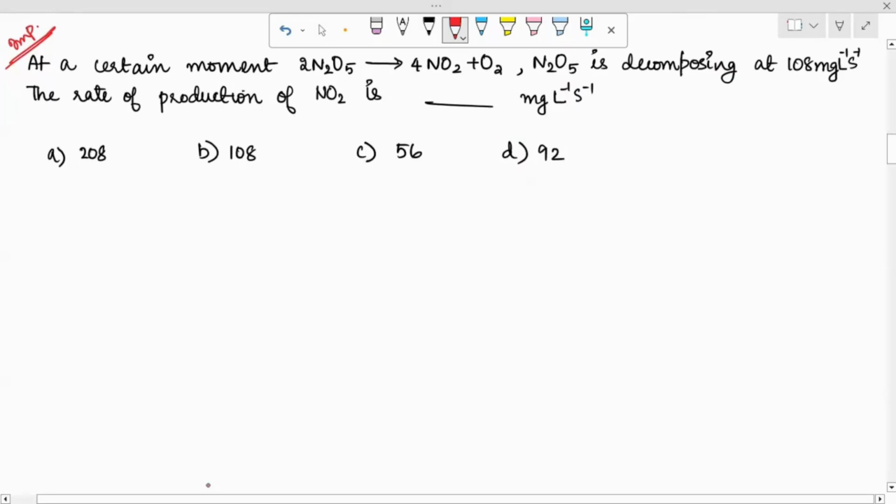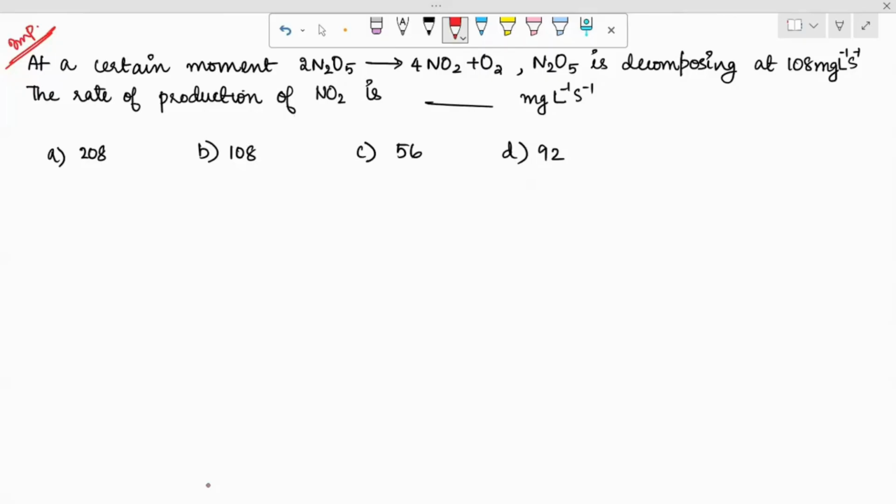Okay, so let's see. A certain amount of 2N2O5 gives 4NO2 plus oxygen. N2O5 is decomposing at 108 mg per liter per second. The rate of production of NO2 is, again in this unit.